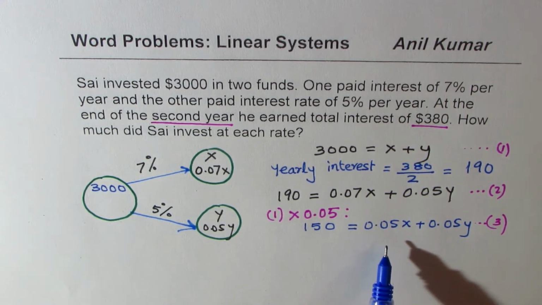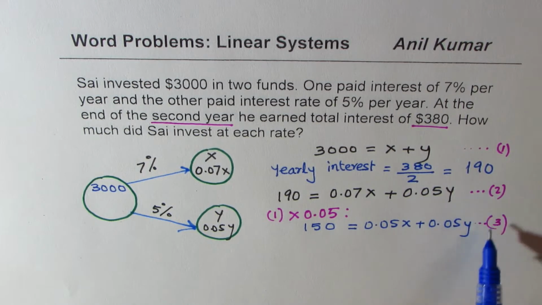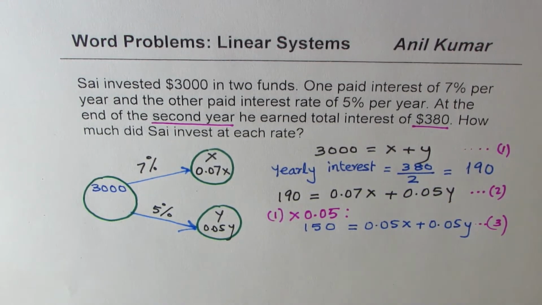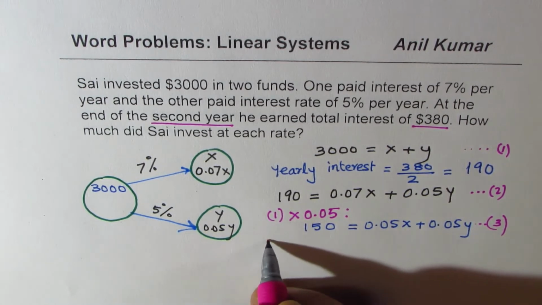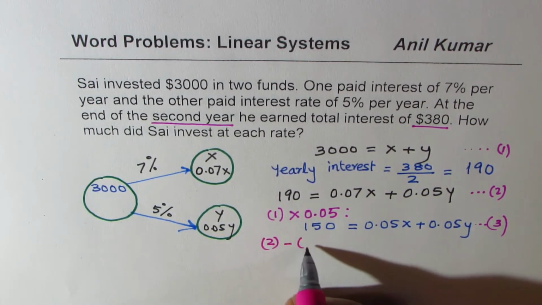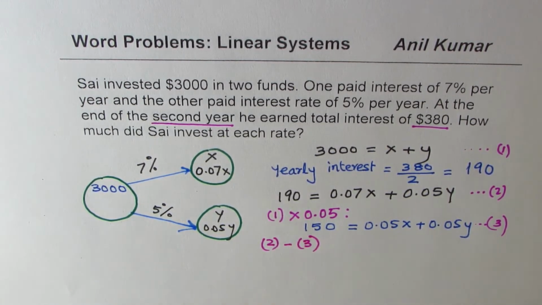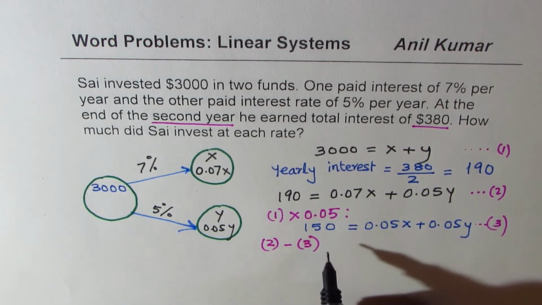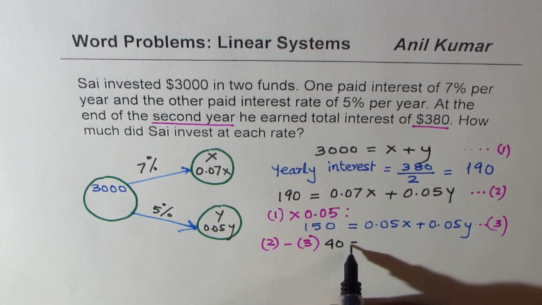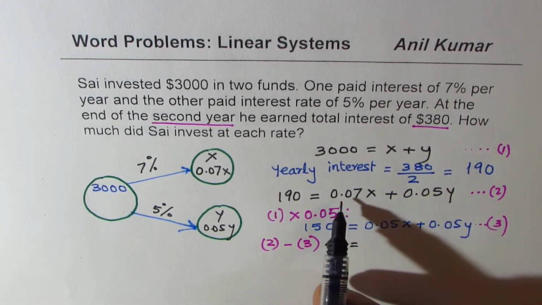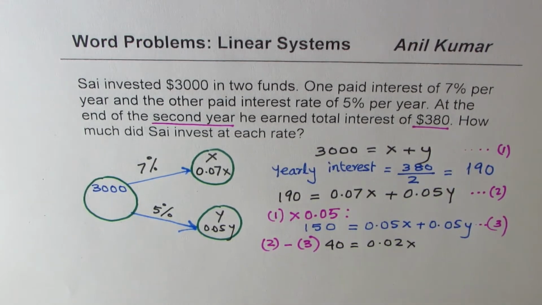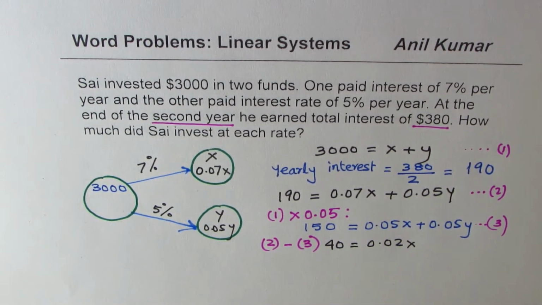Now you can see that if you compare equation 2 and 3, we could eliminate Y by subtracting one equation from the other. So let's do equation 2 minus equation 3. So 190 minus 150 gives you 40 here, equals 0.02X, and Y becomes 0, correct?